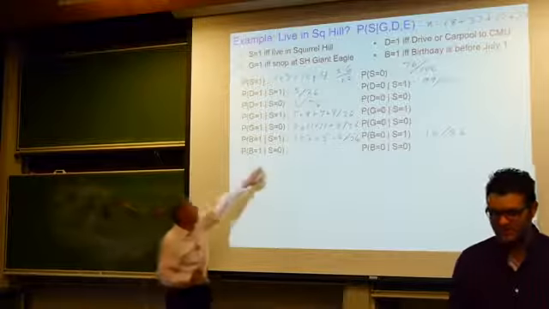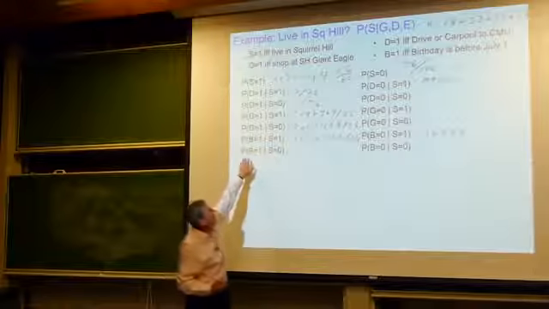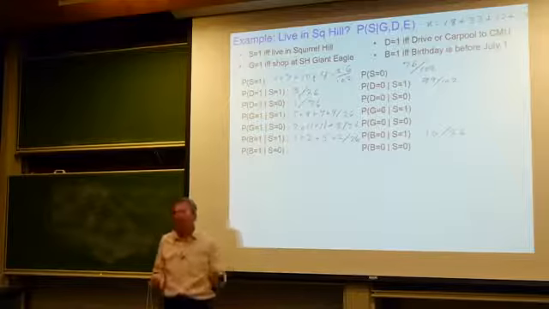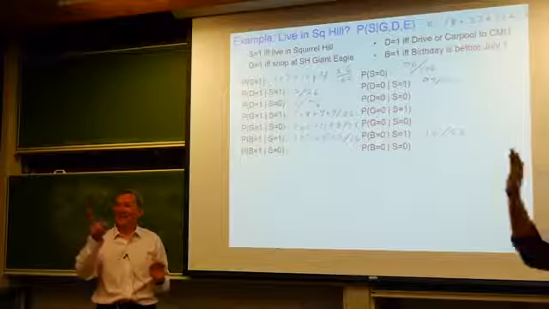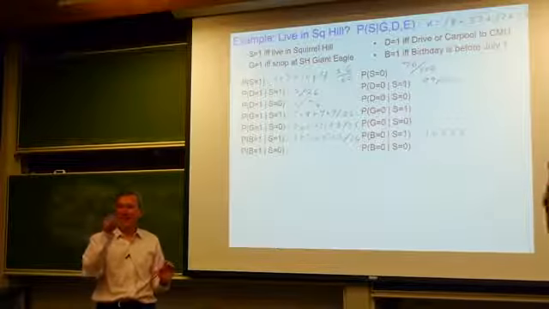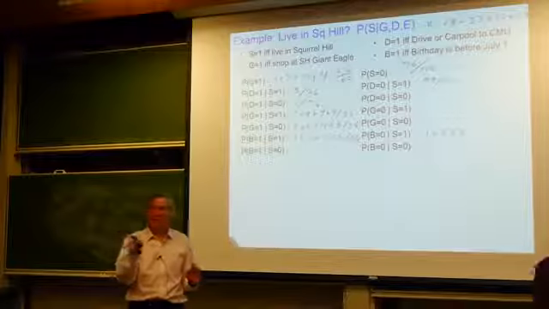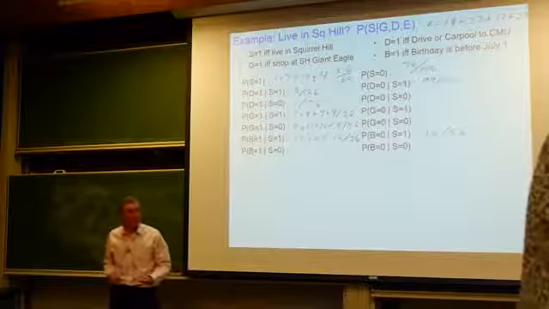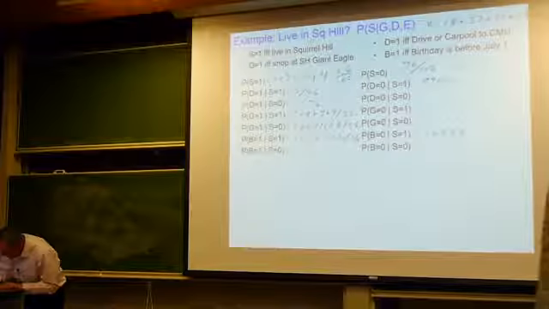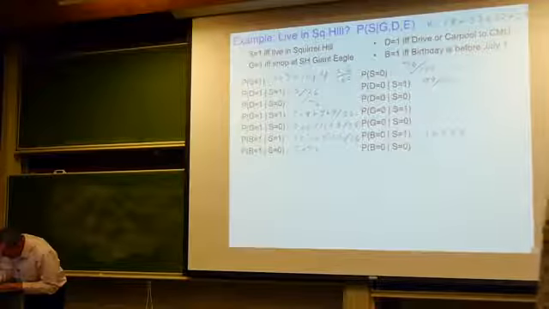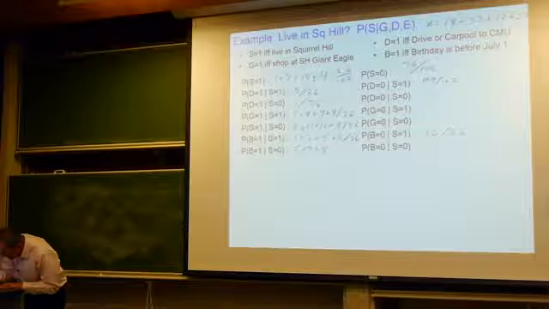Okay, and finally, if you do not live in Squirrel Hill and your birthday is before July 1st, raise your hand. 3, 4, 5. 7 from Nina? 8? 6.